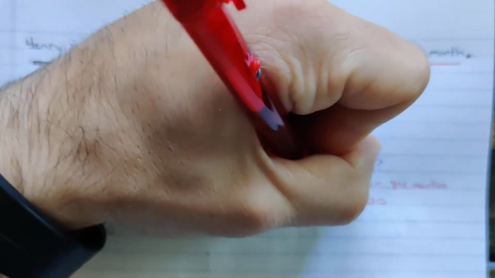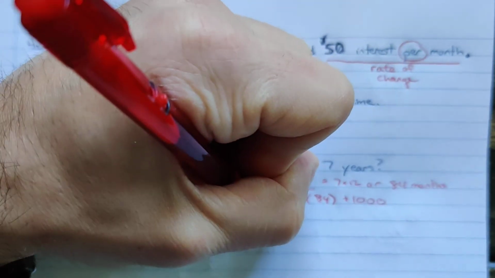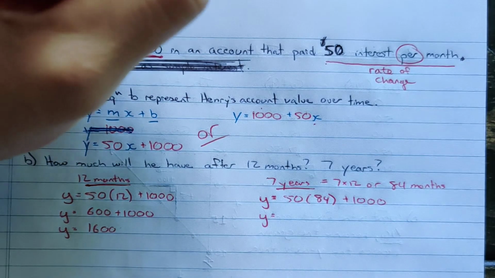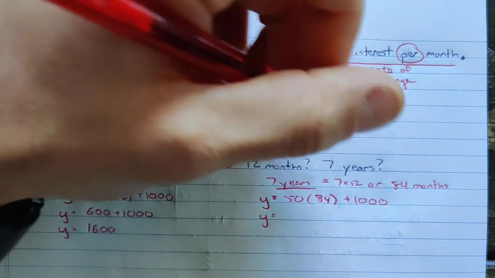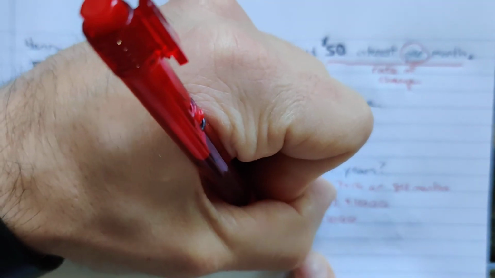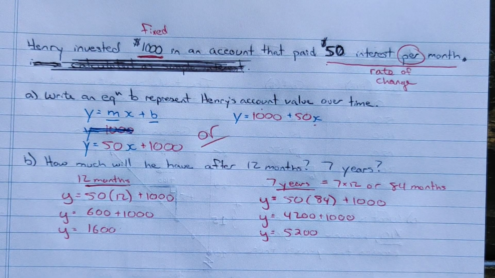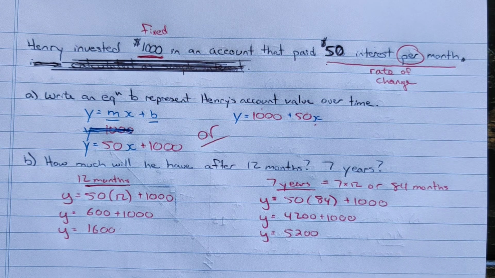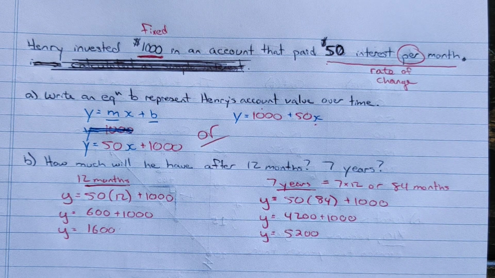So 50 times 84 plus 1,000. So 50 times 84 is going to give us 4,200 plus 1,000. And then y equals 5,200. So he'll have $5,200 in his account after 7 years.